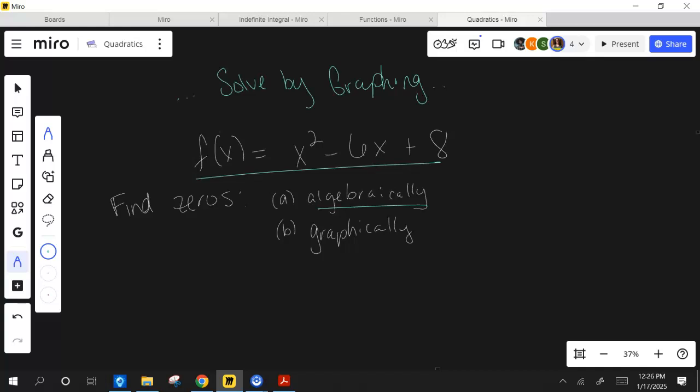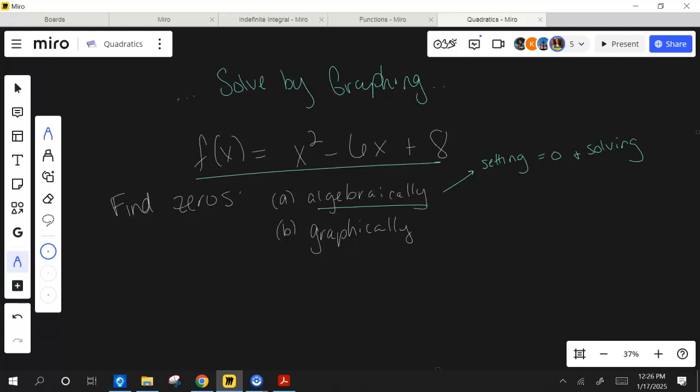There's not a y here, but there is an f of x, which is the same thing as y, right? So if I put a 0 in for f of x, then I can find the zeros. So algebraically means setting the equation equal to 0 and solving. You have been doing that.